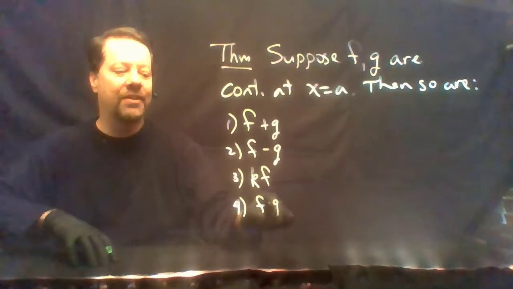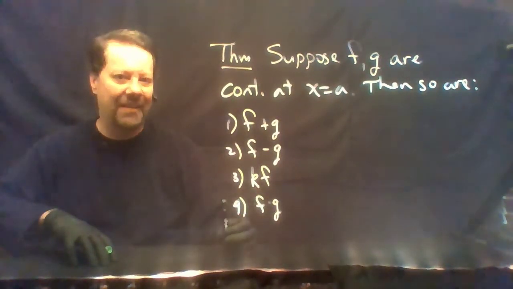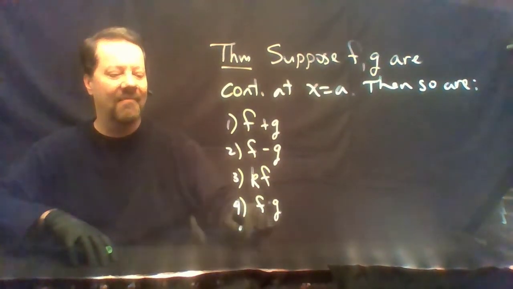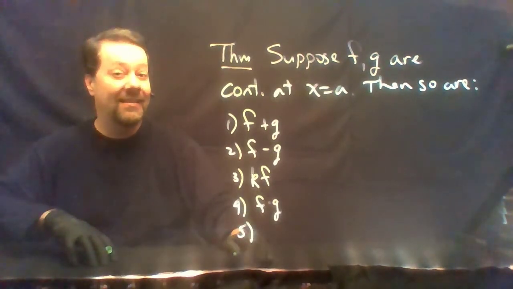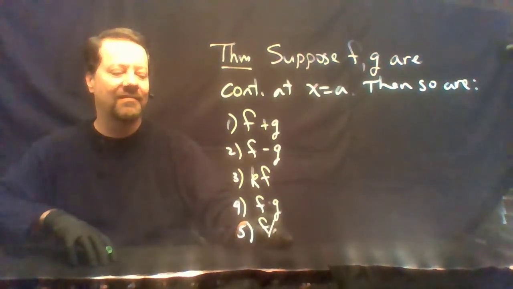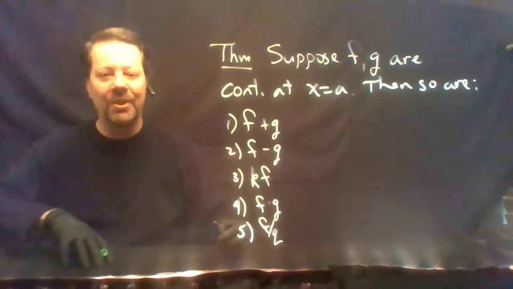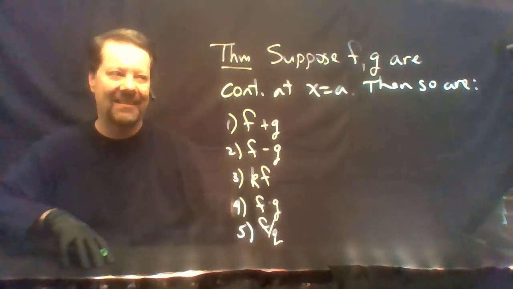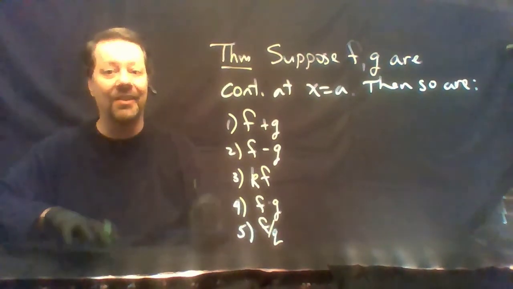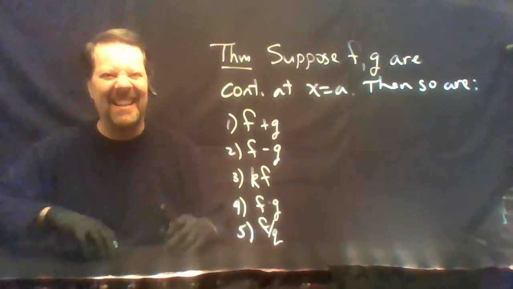Multiplying the functions together does not affect continuity. How about dividing? Well, the quotient will be continuous provided the denominator is not 0. Yes, division has that nasty little problem.